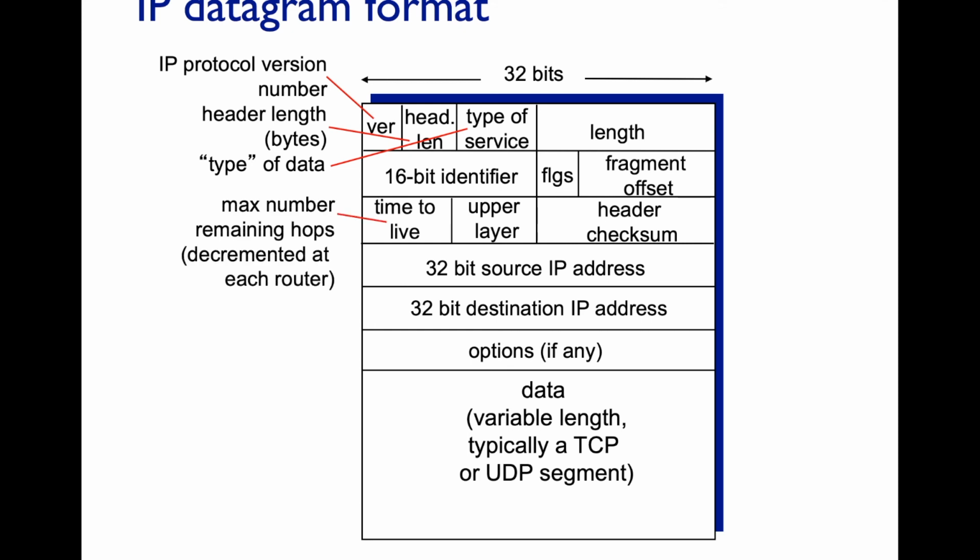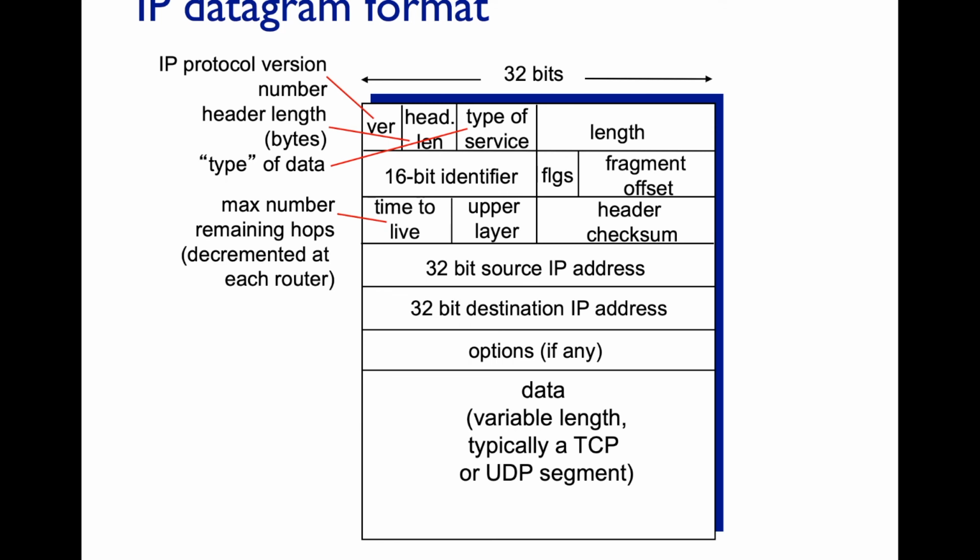Now, this max number of hops, or the time to live field, every time a datagram reaches a router, one of the things the router does is examine the header information, take the TTL field, decrement it by 1, and then transmit it across the switching fabric to the output port.